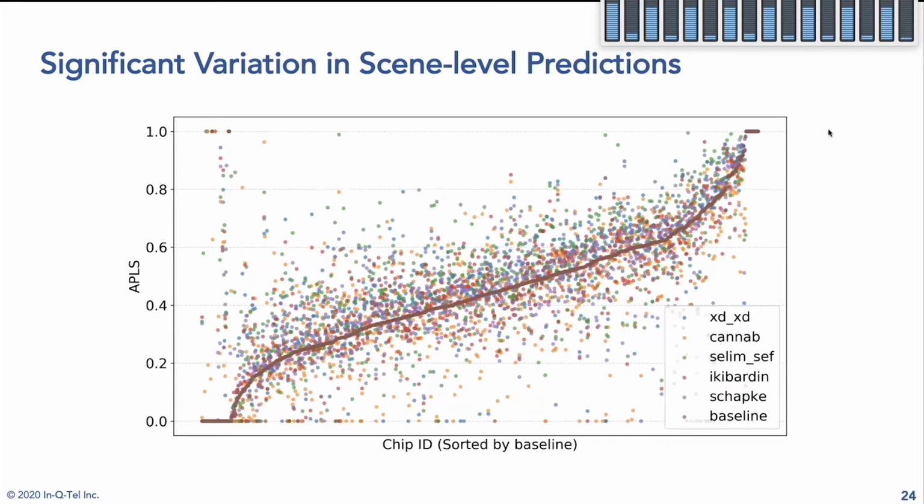This is another way to show that. On the x-axis is the chip ID, and the y-axis is the APLS score. The point here is there's quite a bit of scatter, so there is quite a bit of variation among all of the different proposals, even though one thing we didn't really mention earlier was that all of the top submissions, the top 5 here, use a similar approach to the baseline model, the Cressy model.